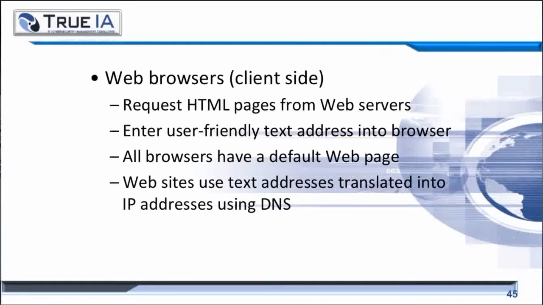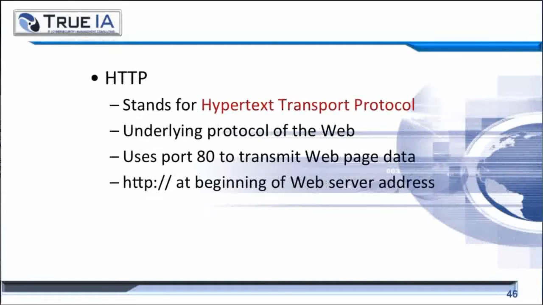All browsers have what's called a default web page. So when making this HTML request, it's using a standard protocol. It uses HTTP. HTTP stands for Hypertext Transport Protocol. It is the underlying protocol of the web. The common port for HTTP would be port 80.